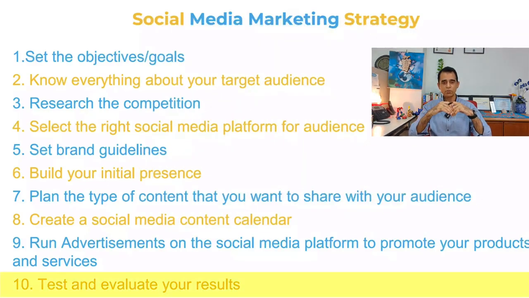Test and evaluate your results. Whatever social media marketing strategy you're using, remember to test the content. Even on Facebook and YouTube, there is something called A/B testing, where you test your ad on different groups of customers, on different parameters, and see which one is doing well, and then you continue with the one which is doing well and discontinue the one which did not perform well.